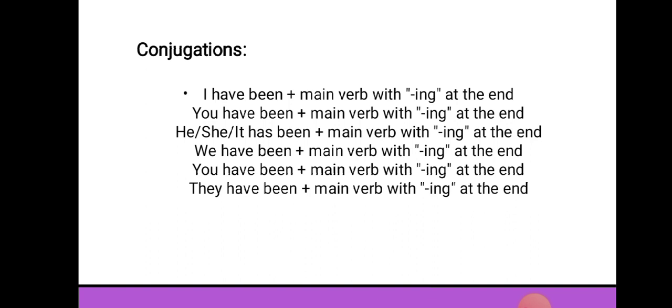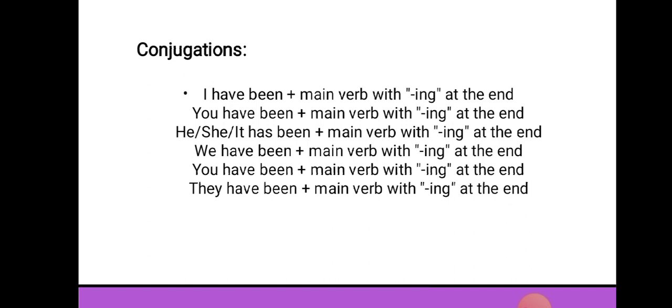Conjugation: subject refers to the person or thing that performs the action of the verb. It can be a noun or a pronoun: I, you, he, she, it, we, they.